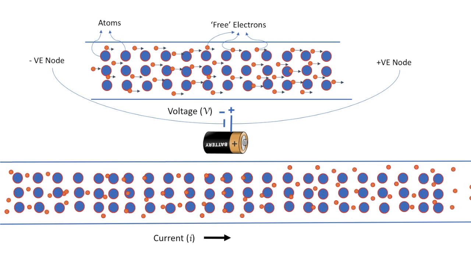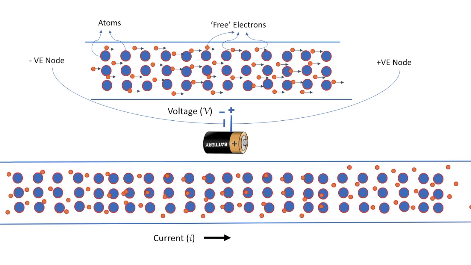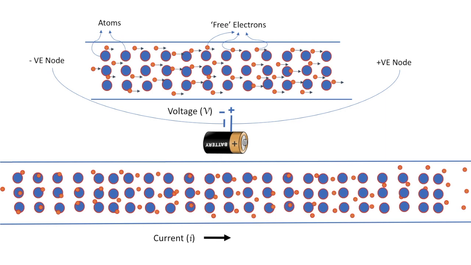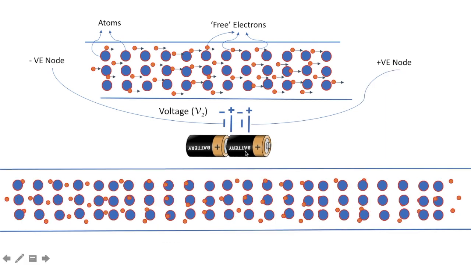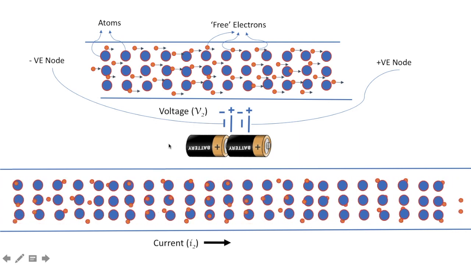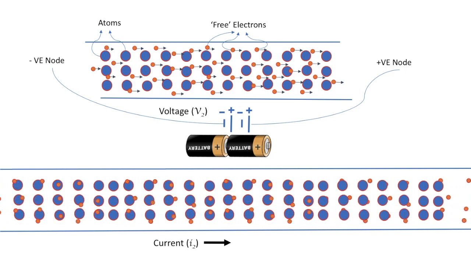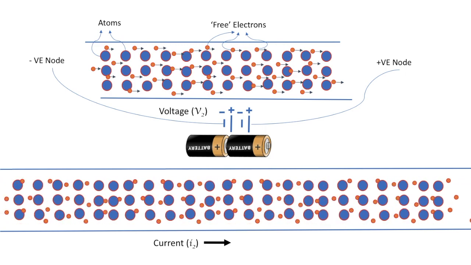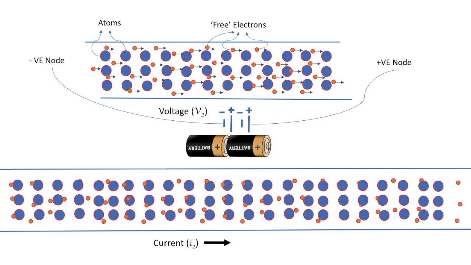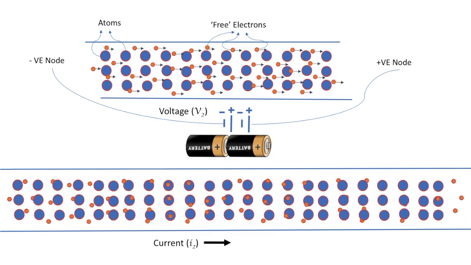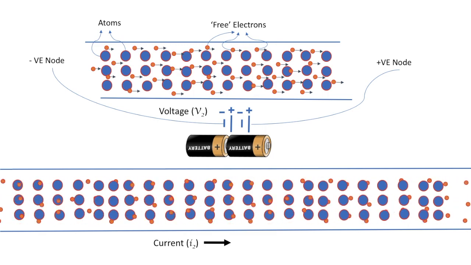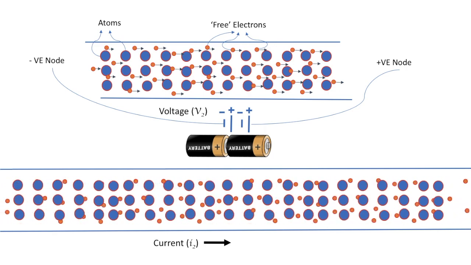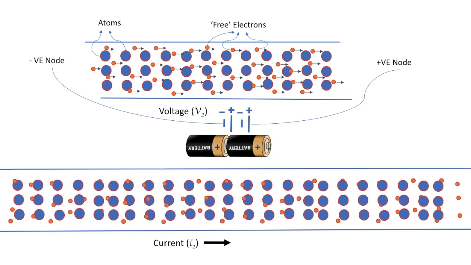Now, what if we applied an additional battery, which means instead of just one battery, we put one more, so now there are two batteries connected in series. We kind of doubled the voltage, and as you can see, the electrons are moving faster. Instead of just one battery, now we have two batteries trying to push these electrons from the negative side to the positive side, so there's twice as much force, and the electrons are moving really fast.